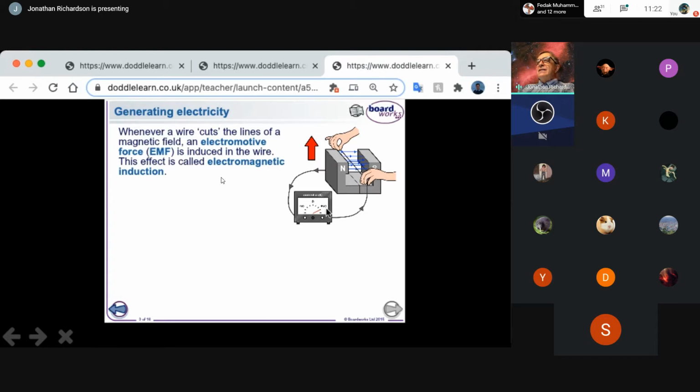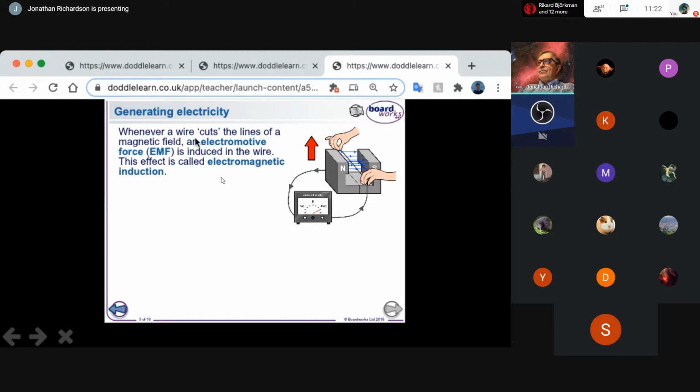And if instead of what's here, we placed a battery, the battery allowed the flow of electrons, which meant that this wire moved upwards.